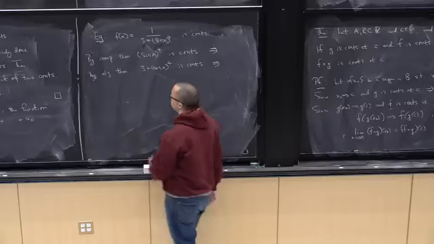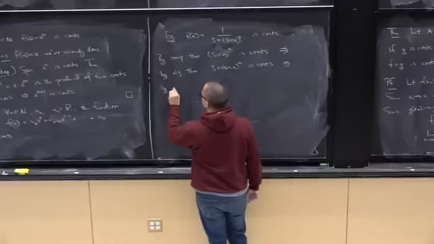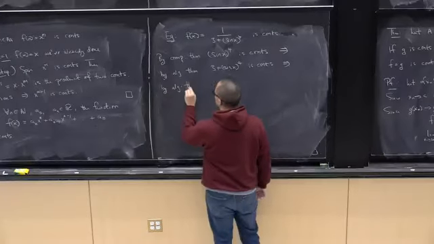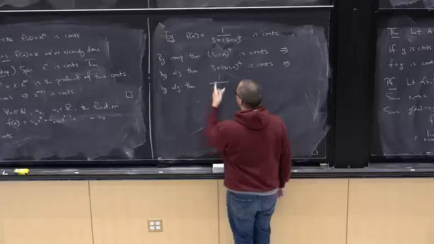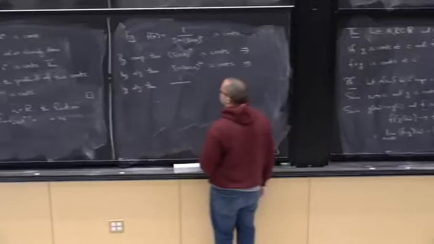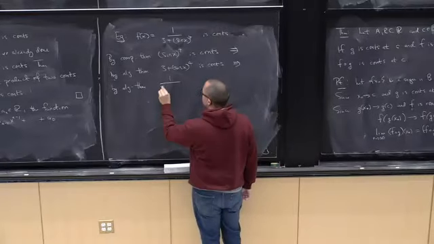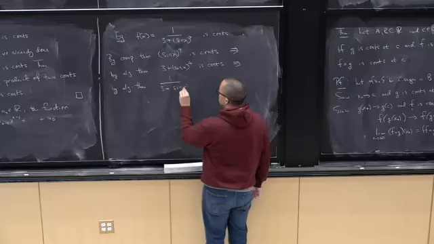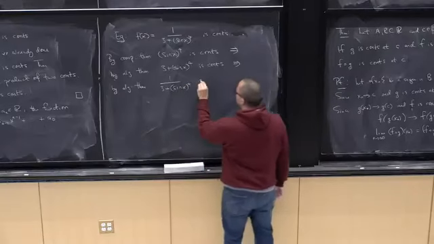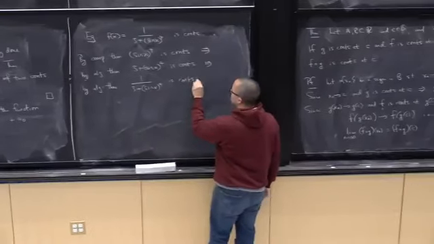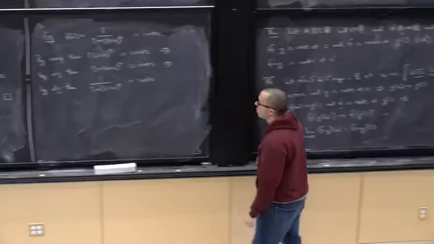And by the algebraic theorem again, since 3 plus sine x to the 4 is never 0 for all x in R, 1 over it is continuous. Okay?